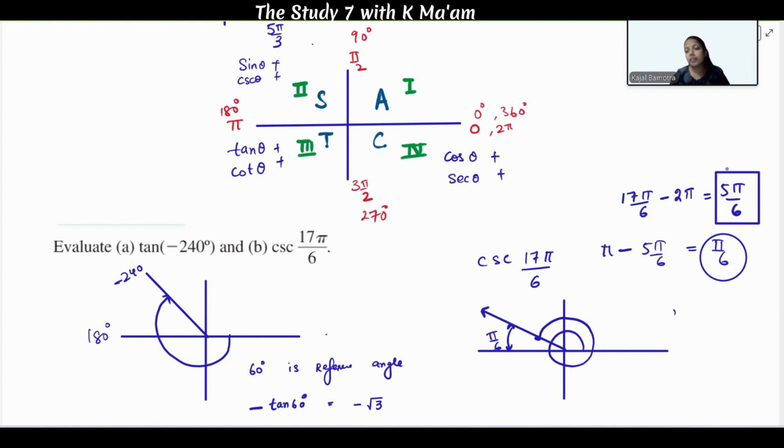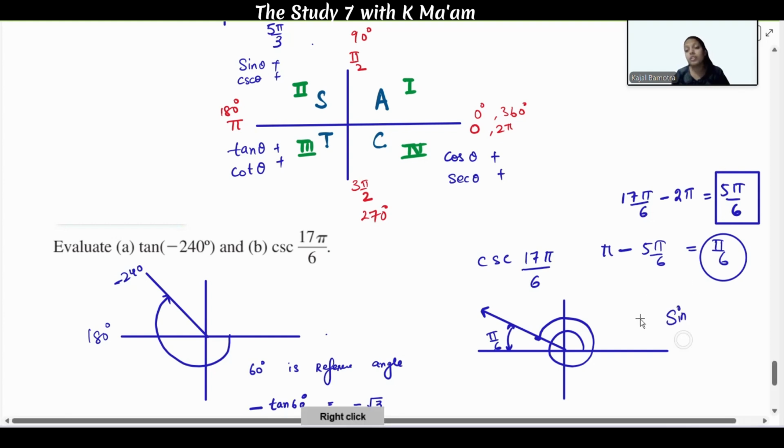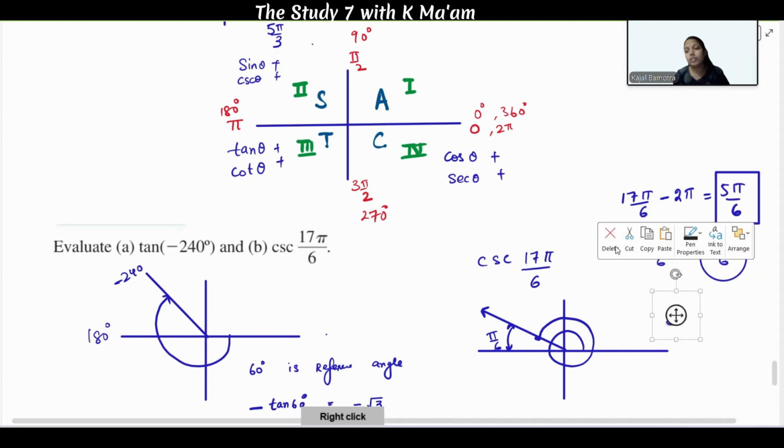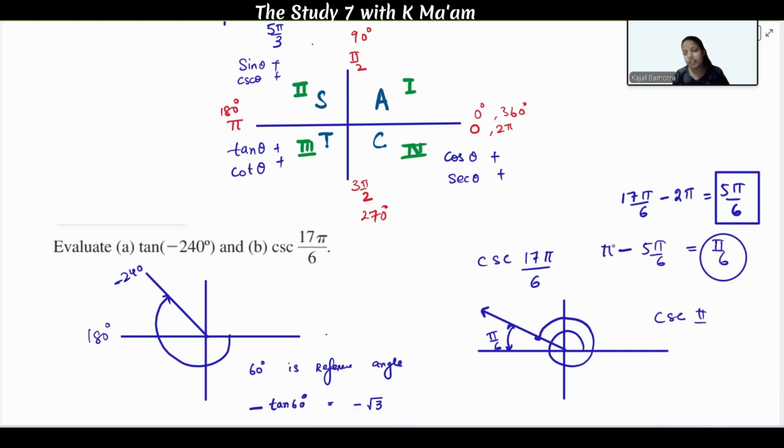So directly calculate cosecant of pi by 6. In the second quadrant, sine and cosecant are positive. So we have a positive. That's why I didn't put a negative here. Positive cosecant pi by 6. Cosecant pi by 6 is the reciprocal of sine pi by 6. Sine pi by 6 is 1 by 2. So when you take its reciprocal, it will be 2. That's it. This is the answer.